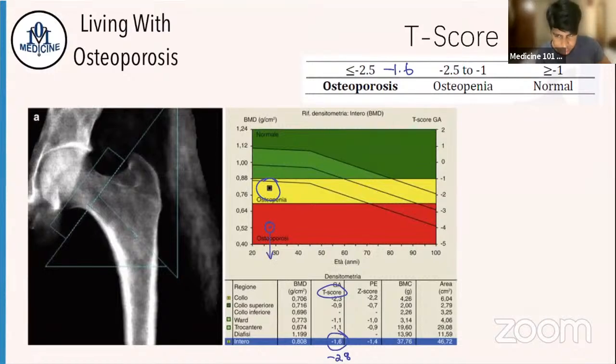The scan automatically gives you the results. If your age is 65 and it's in this zone, you know that you are at a high risk. In this case, it's the left hip, and it's normal.